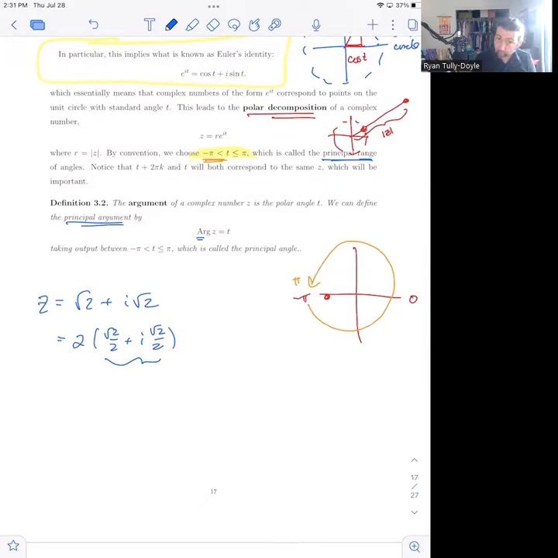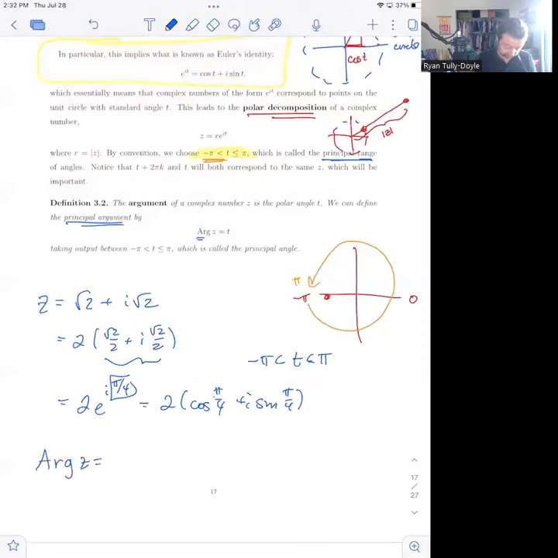So this number in polar form is going to be 2e to the i pi over 4. Because remember, that's 2 times (cosine of pi over 4 plus i times the sine of pi over 4). There are many angles that we could have chosen to go here. The reason I picked pi over 4 is because pi over 4 is the angle that's between minus pi and pi. And so the principal argument of z is going to be pi over 4. It tells you what the angle is that produces that number in that range.